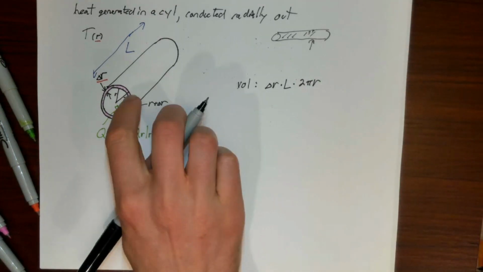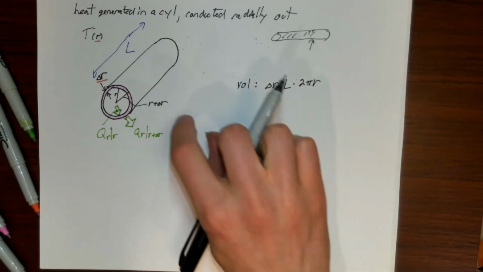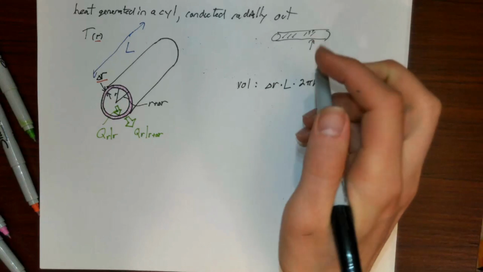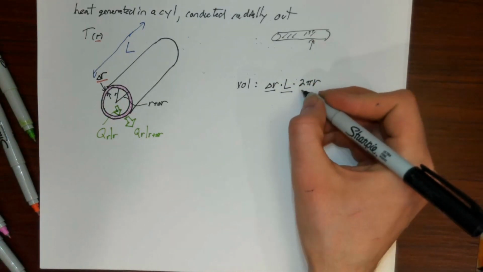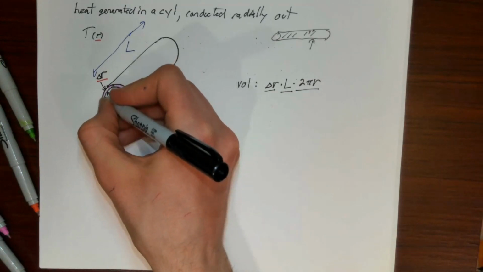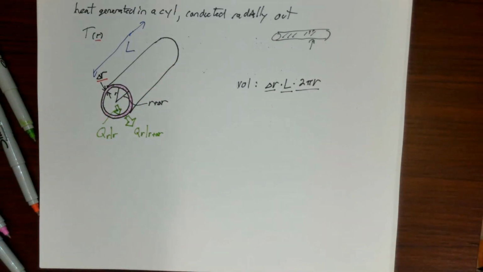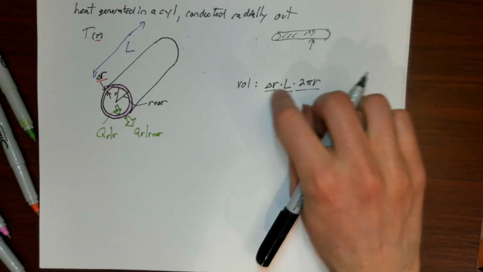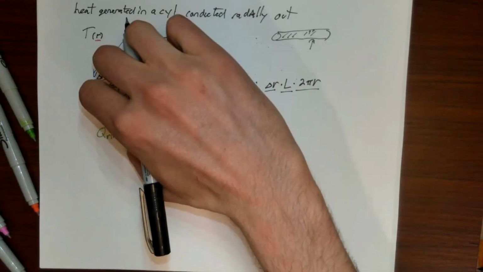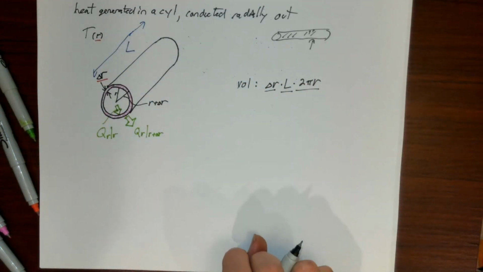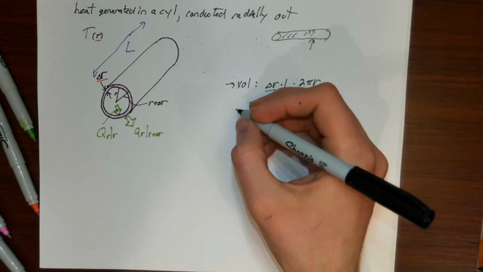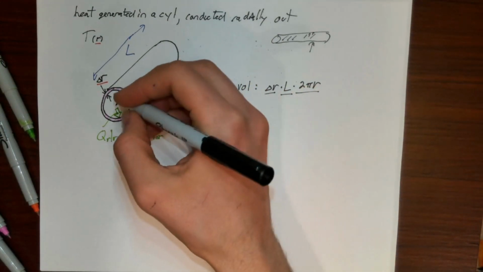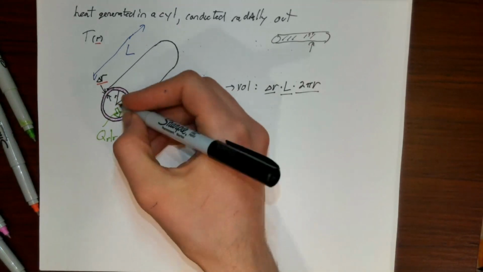If I took this shell and unwrapped it into a rectangular prism, it would have a thickness delta r, one length L, and the other length would be the circumference. This works if I take delta r to be a thin shell, so this unwrapping principle works for the volume.